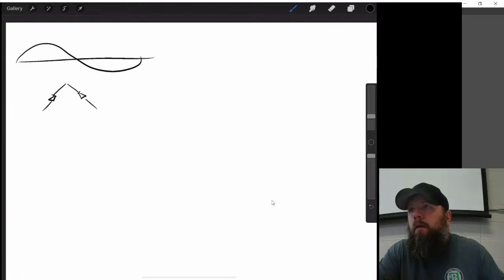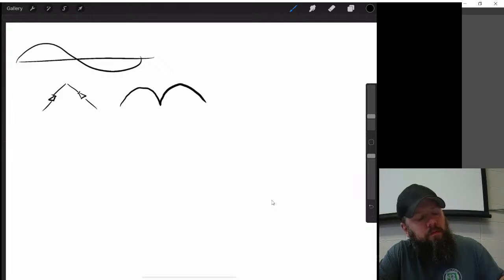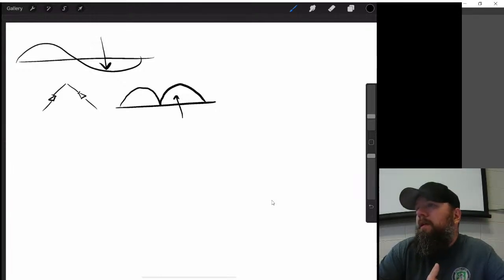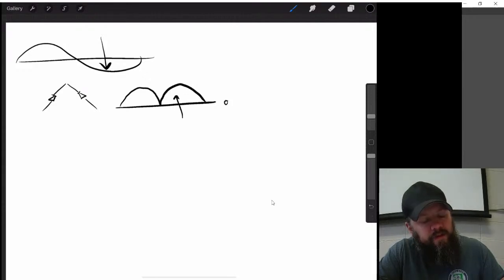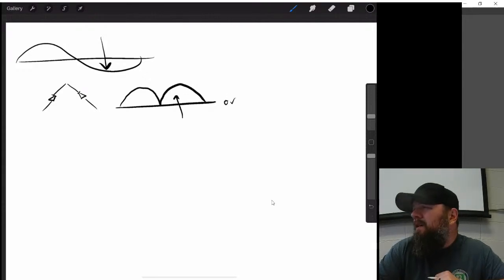And it converts it into something that looks like this, okay? So that bottom part of the line, it flips it up. So it's a changing voltage, but it's always above the zero. So it's not an alternating current anymore, right?